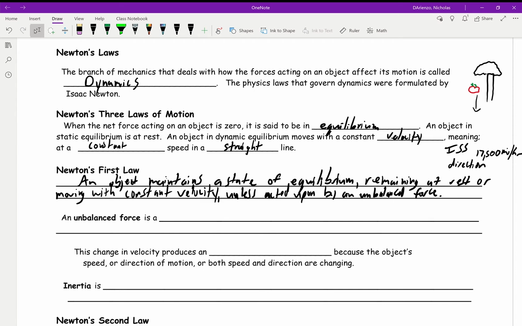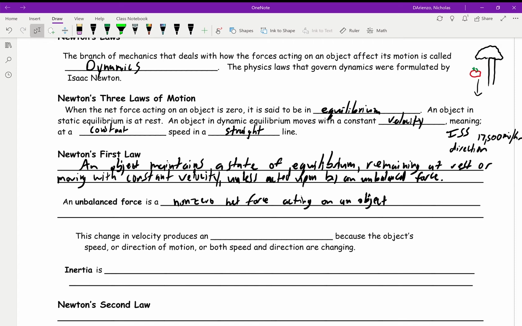To give you an idea of what an unbalanced force is, an unbalanced force is a non-zero net force acting on an object. So it's a force outside of equilibrium that's going to cause a change in the motion of the object.